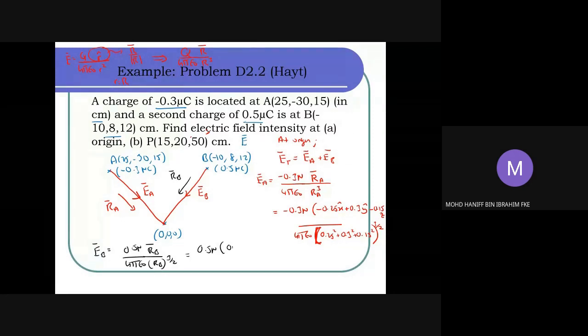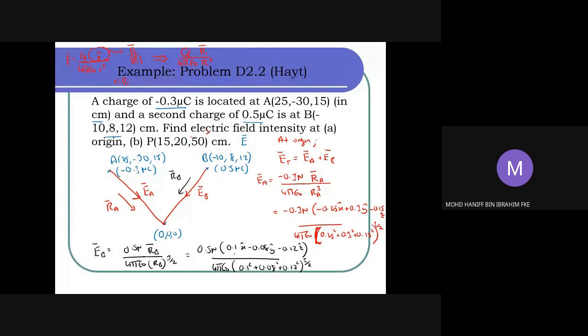That will give us 0.1 of X minus 0.08 of Y minus 0.12 of Z. That should be the vector RB. And the magnitude is 0.1 squared, 0.08 squared, 0.12 squared, to the power of 3 over 2. So that should be the E field produced by the charge located at point B.